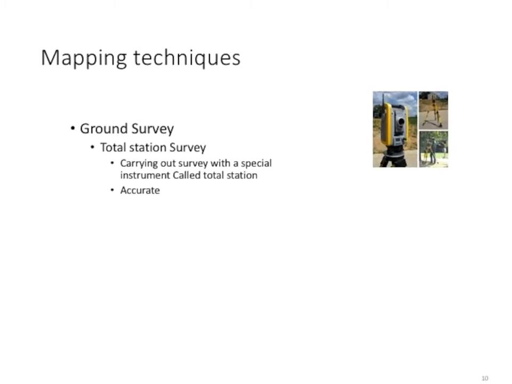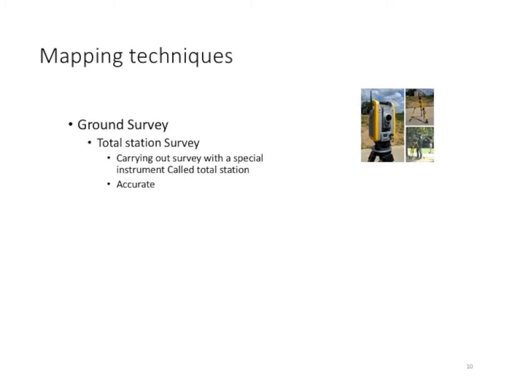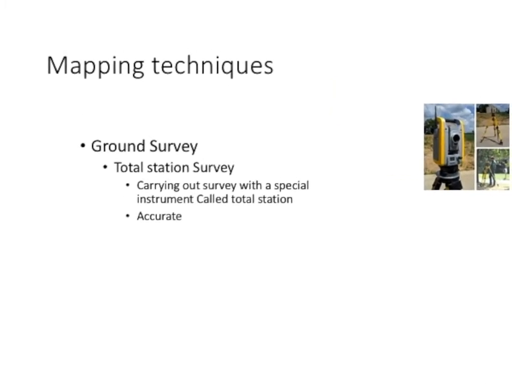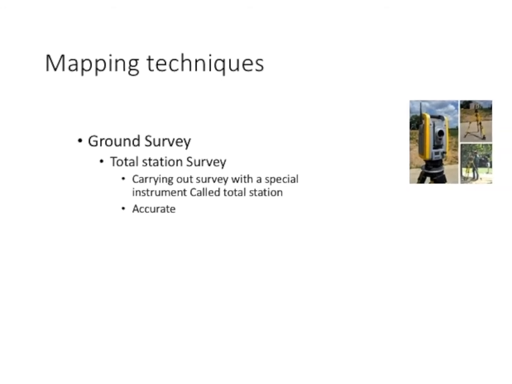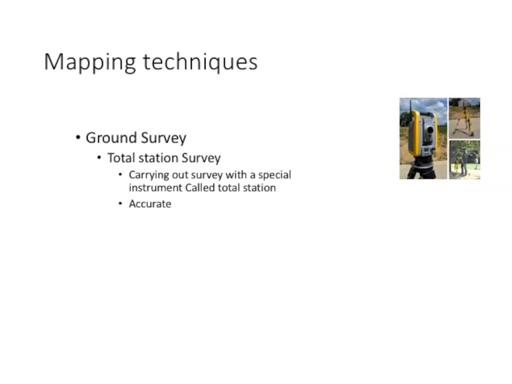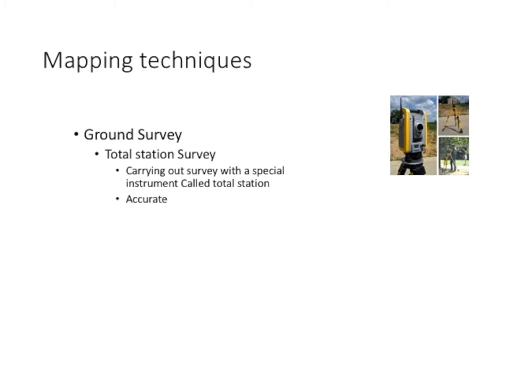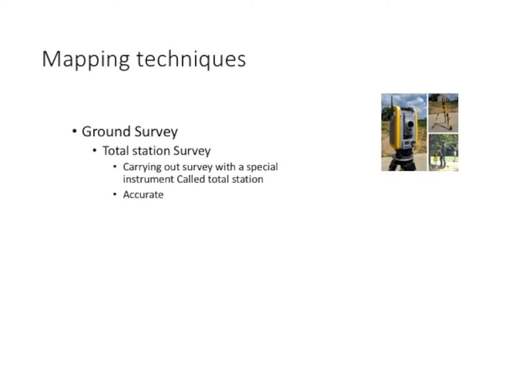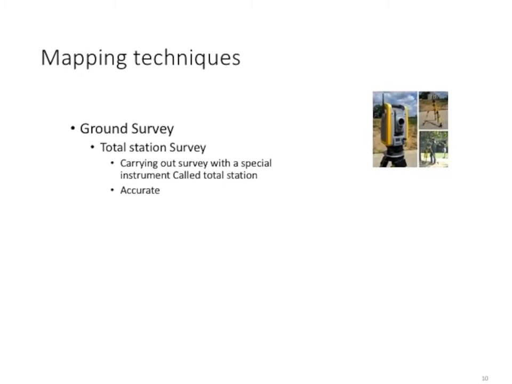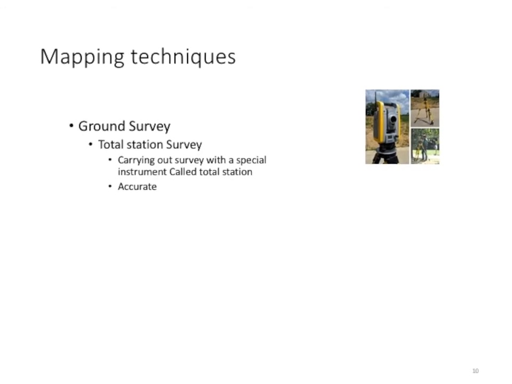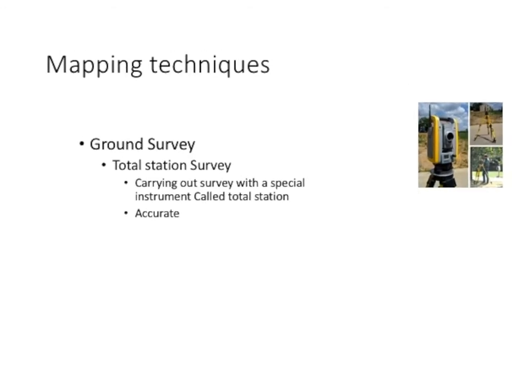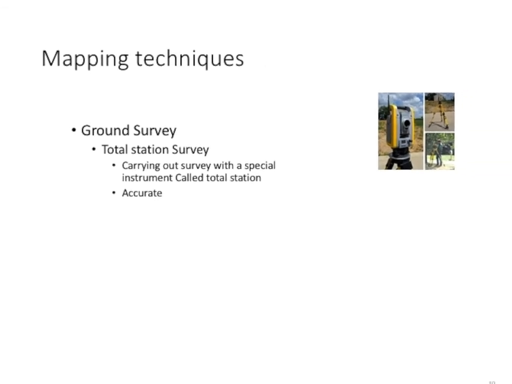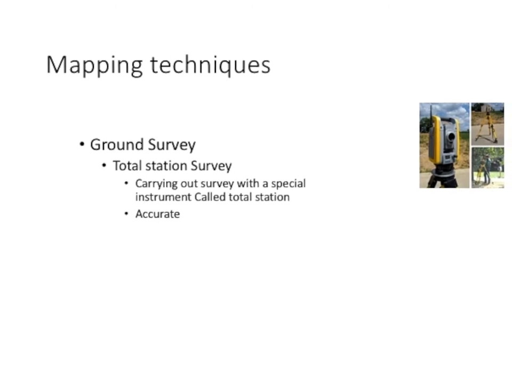Now, from 2063 BS, the total station survey is used, which they called a digital survey, but it is a semi-digital survey carried out with a special instrument called a total station, which is quite accurate and effective, and digitally provides data which can be visualized in software like ArcGIS and QGIS.